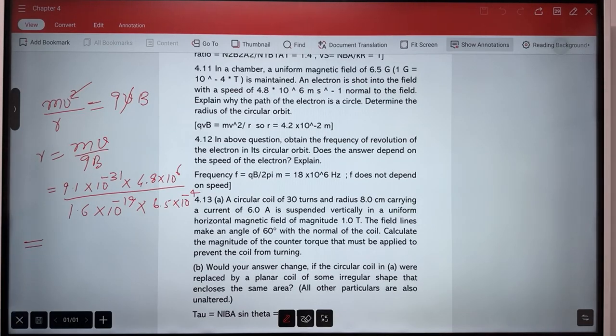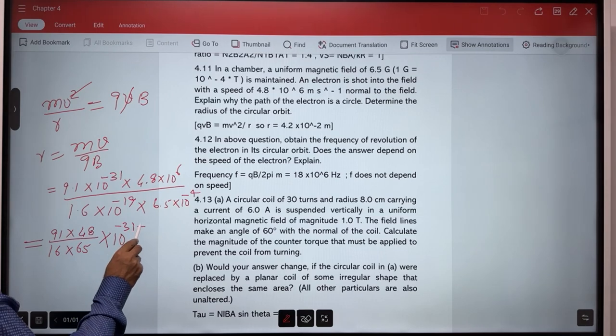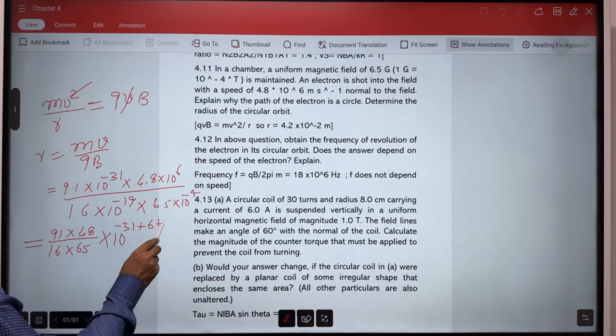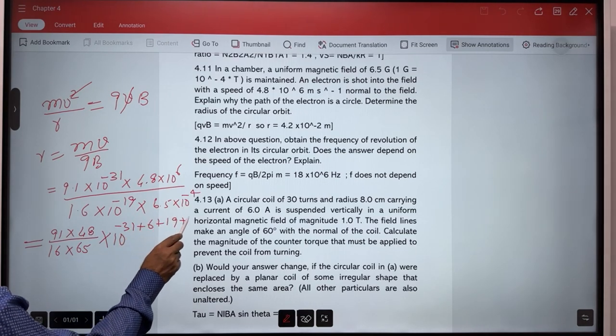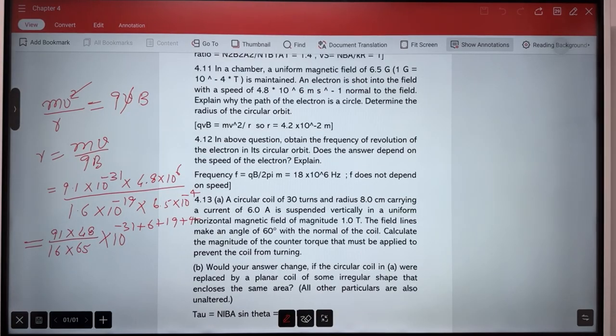Now let's further simplify it. So 91 multiplied by 48 whole divided by 16 multiplied by 65 times 10 to the power minus 31 plus 6 plus 19 plus 4.